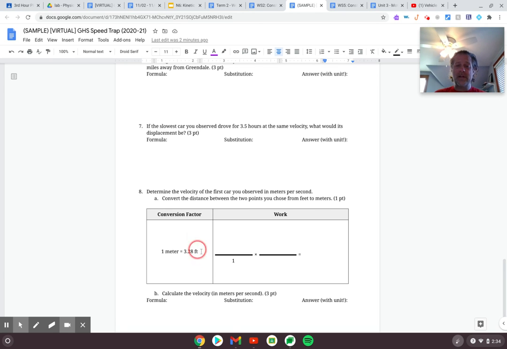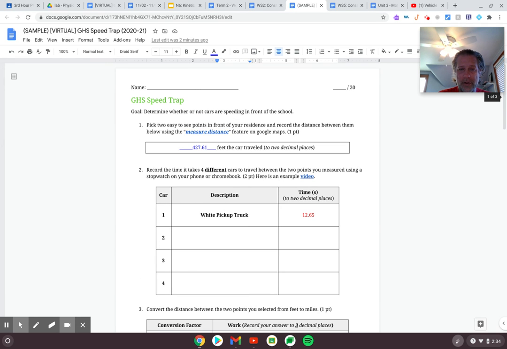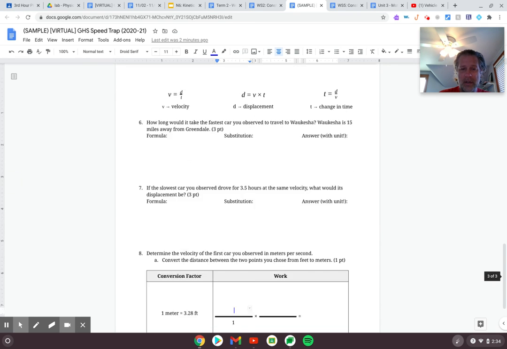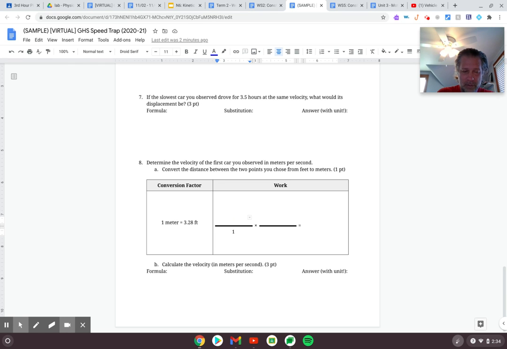And so if I was setting this problem up, I would have, I forgot, it was 427.61 feet. And then I'm going to set this problem up so that I'm going to get feet on the bottom and meters on the top. And I'm going to fill my numbers in appropriately. Then I'm going to calculate and get my answer, which would be in meters.